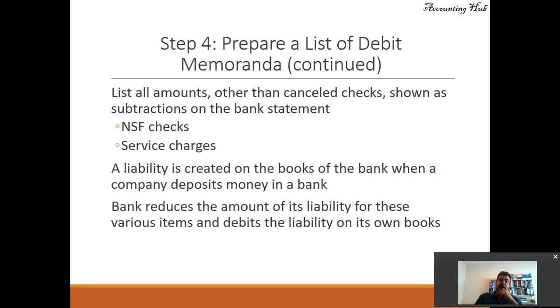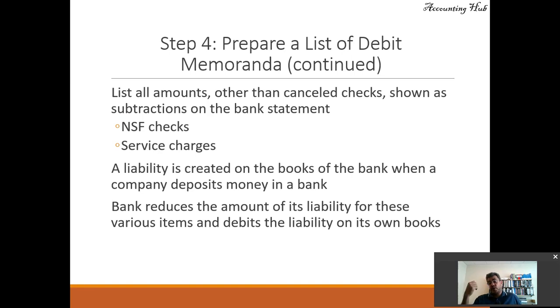List all amounts other than canceled checks shown as subtractions on the bank statement: non-sufficient funds checks, service charges, and liabilities created on the books of the bank when the company deposits money. The bank reduces the amount of its liability for these various items and debits the liability on its own books.